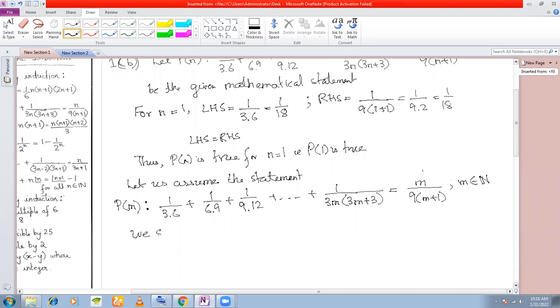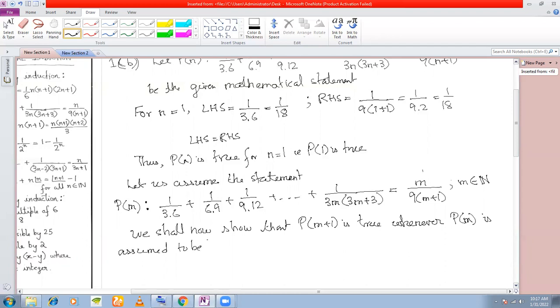We shall now show that Pm plus 1 is true whenever Pm is assumed to be true, where m is a natural number.